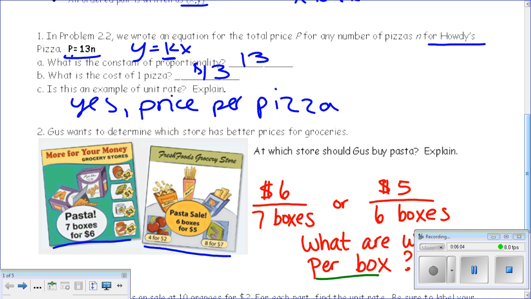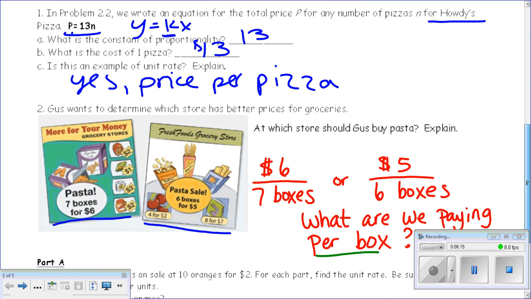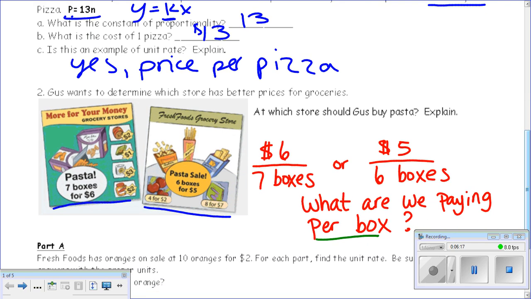Let's look at these advertisements and see the deals. They say pasta, 7 boxes for $6. And then this one says pasta, 6 boxes for $5. We want to find the cheaper one because we want to go to the store that's going to give us more pasta for the cheaper price.